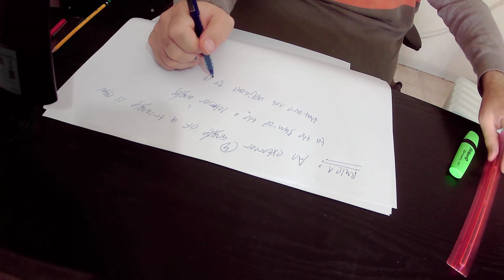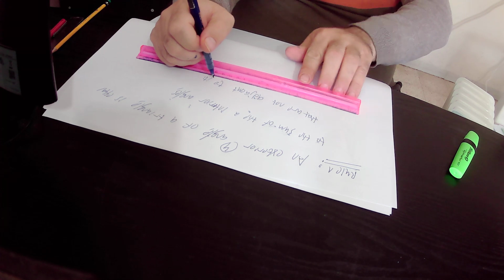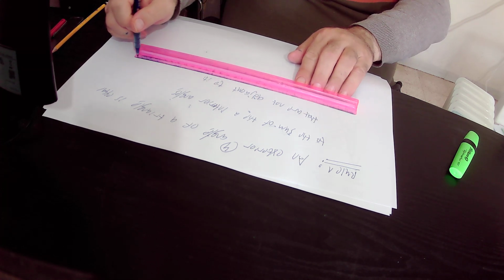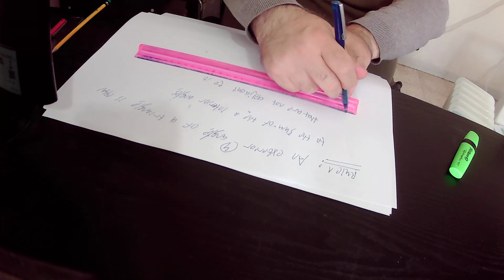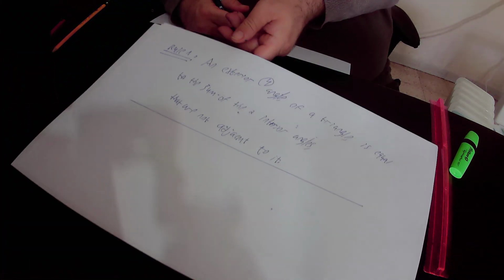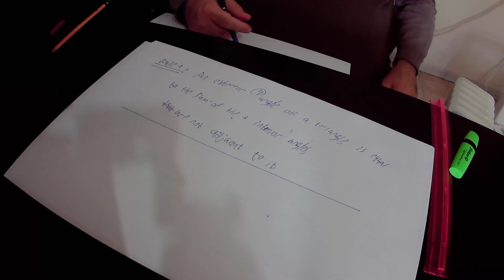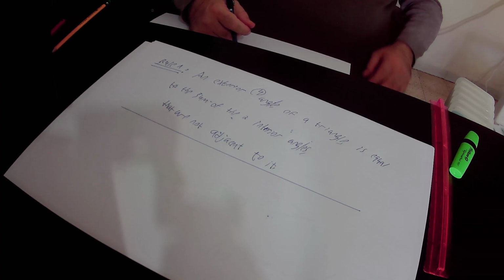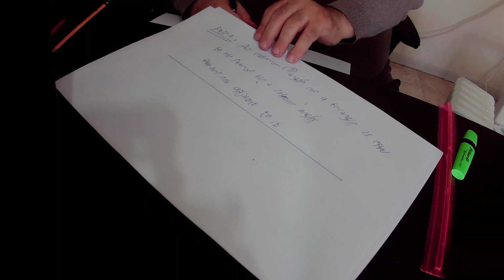I'll read rule number 1 again. According to rule number 1, the exterior angle of a triangle is equal to the sum of the two interior angles that are not adjacent to it.